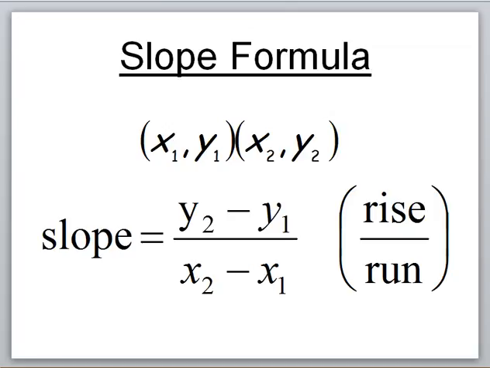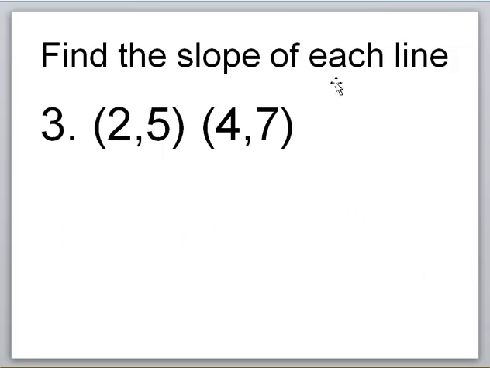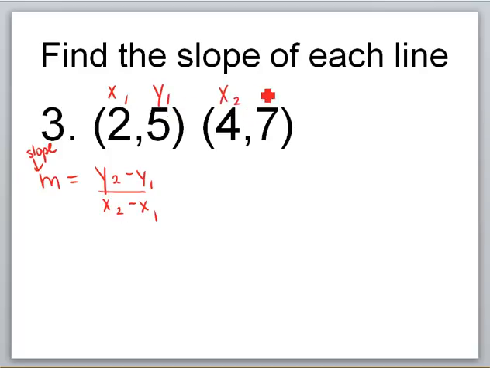Copy that formula onto this problem right here, and the formula says that m, slope, is equal to y2 minus y1 over x2 minus x1. All the ones mean they go together.